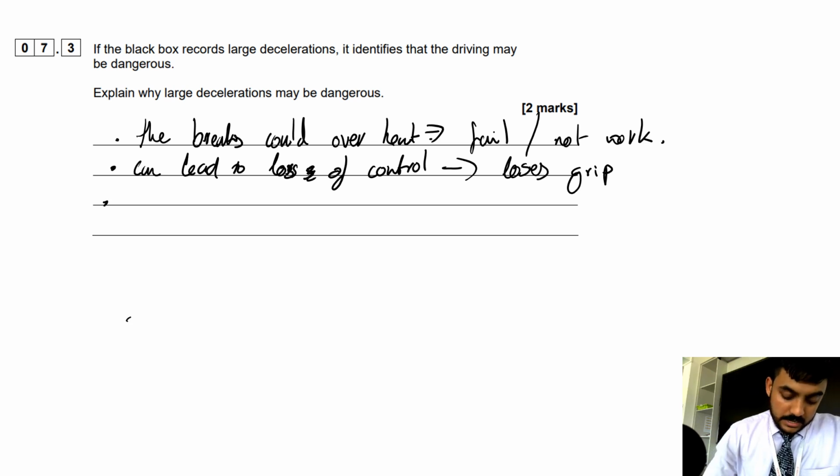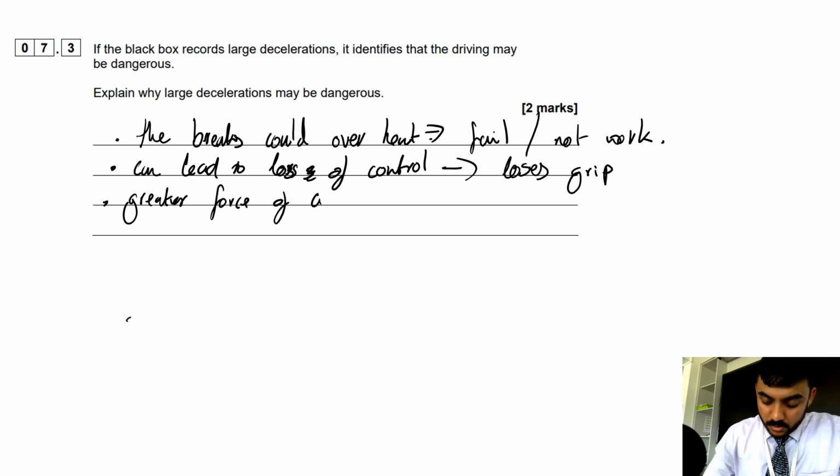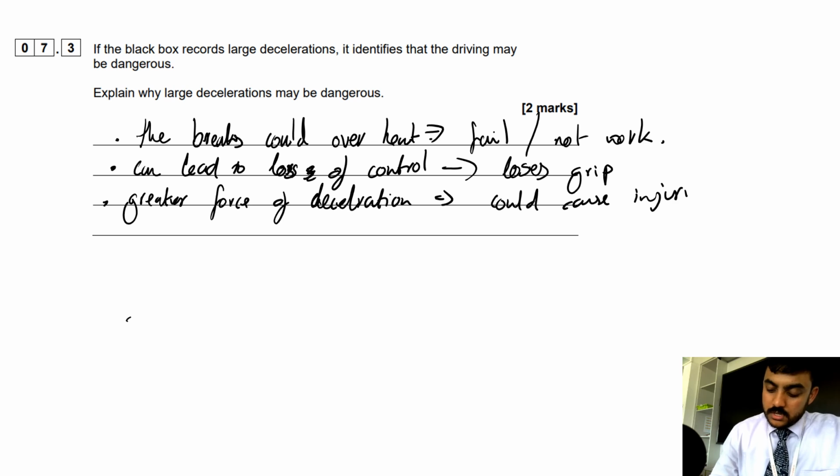So a greater force of acceleration or deceleration could cause injuries. Okay, any one of those statements and explanations, or statements and therefores, could get you those 2 marks.